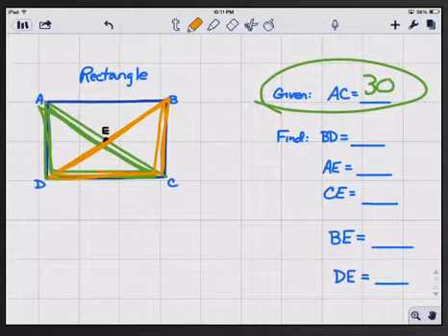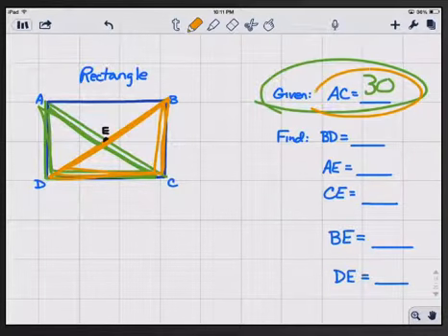Those two triangles are congruent, so corresponding parts are going to be congruent. So if one diagonal, segment AC, is equal to 30, the corresponding part from the other triangle happens to be the other diagonal, segment BD, that's also equal to 30.